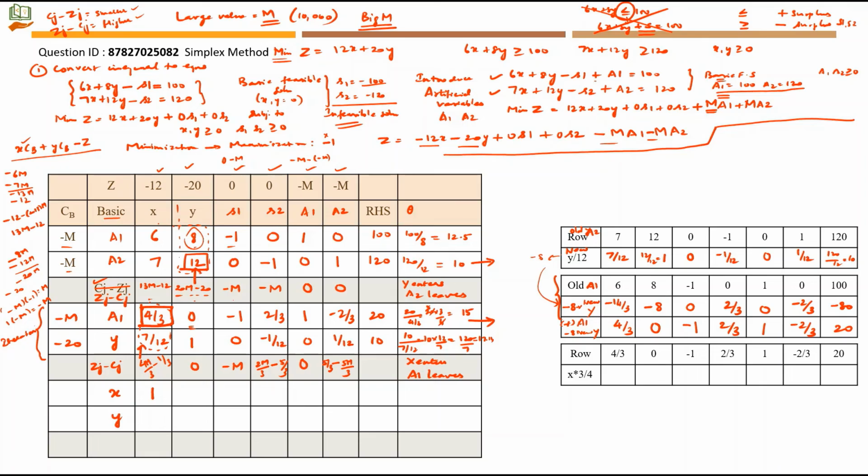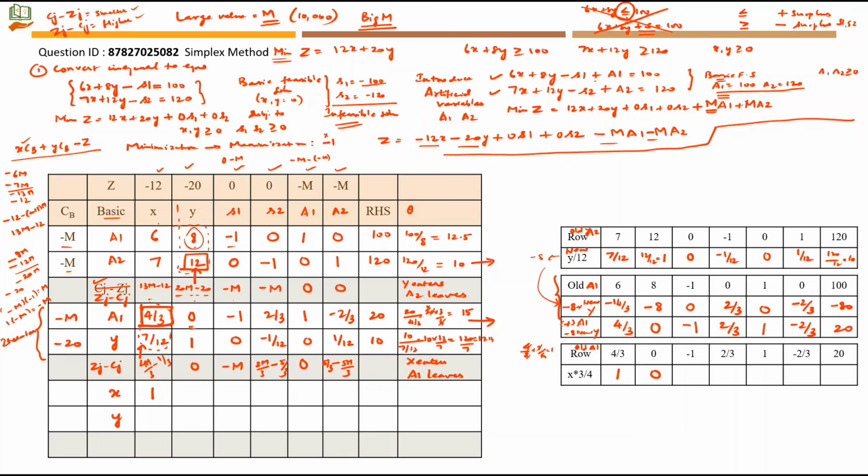The row A1, old A1. 4 by 3 into 3 by 4 will give me 1. See, 4 by 3 into 3 by 4 will give me 1. Then 0 into 3 by 4 will give me 0.